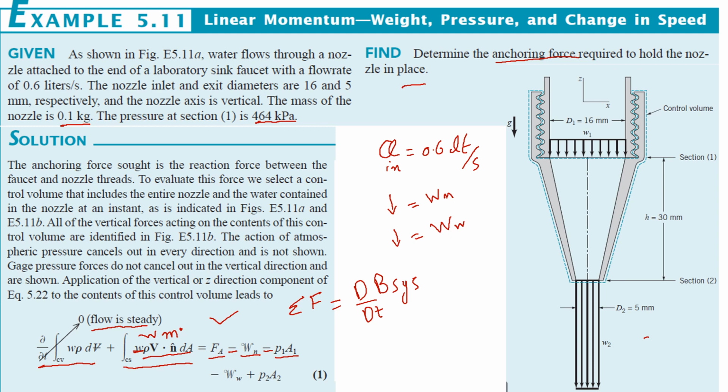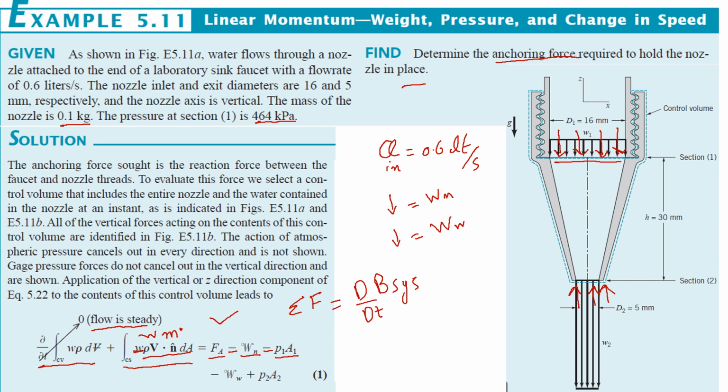So let's see what those pressure forces will look like. These pressure forces will be normal to section 2 and also to section 1. These are my pressure forces at section 1, also along the negative z-axis.